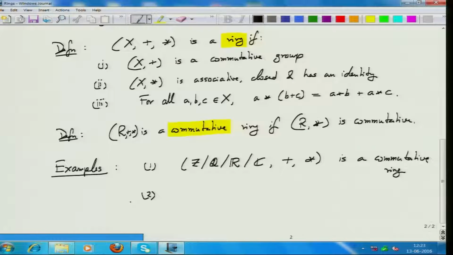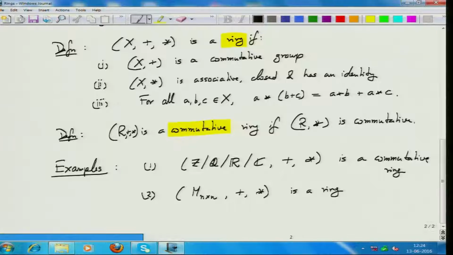That's straightforward. That's where the definition comes from. How about other examples? You have any other suggestion? Matrices, absolutely, yes. There is this notation that is used here, let's use M n cross n to represent the set of all n cross n matrices under addition and matrix multiplication is a ring.